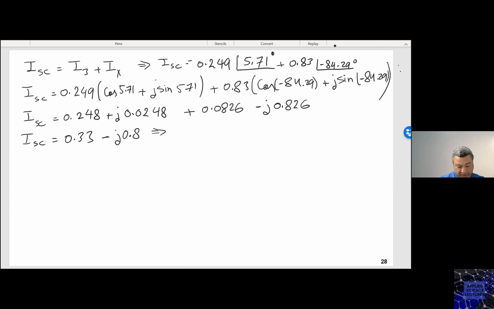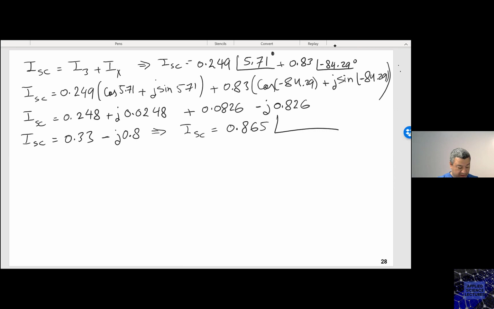Which means I short circuit in polar will be the square root of 0.33 squared plus minus 0.8 squared, which is 0.865.